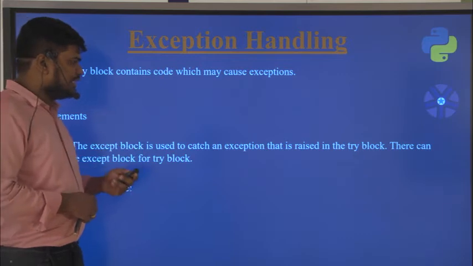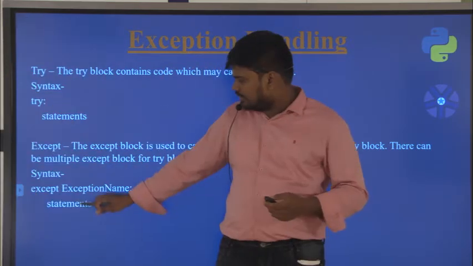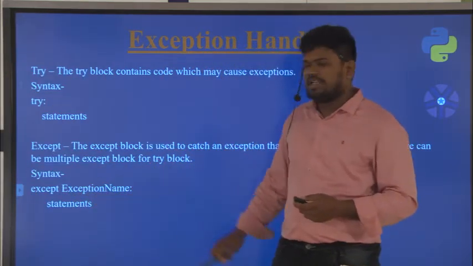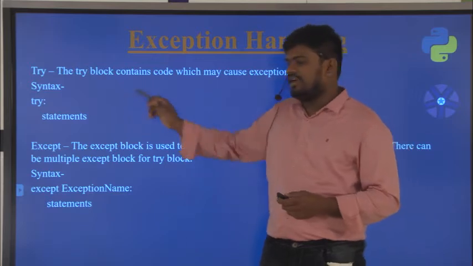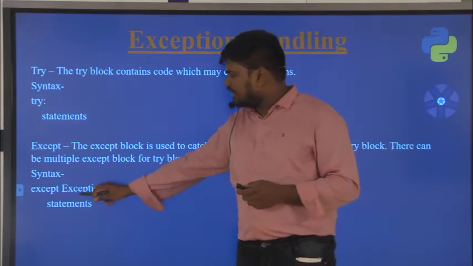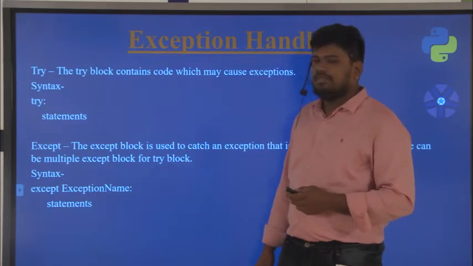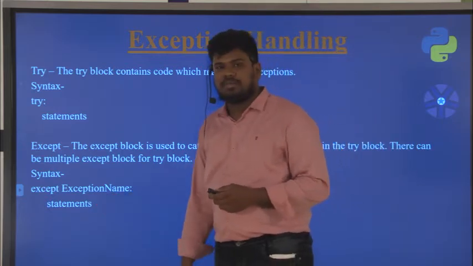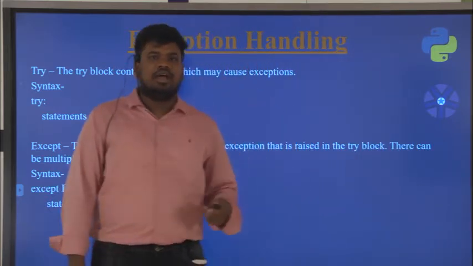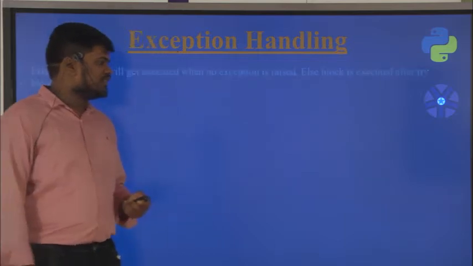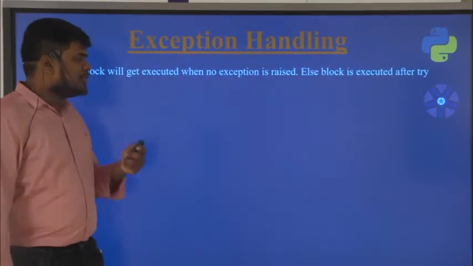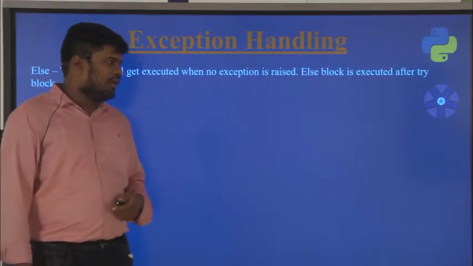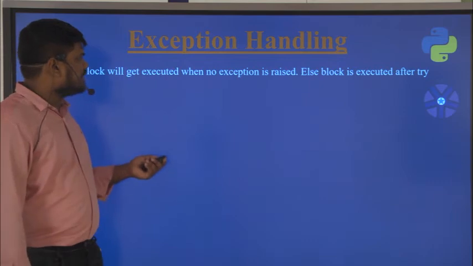The syntax for this is except and the exception name. For example, if I am dealing with a division by zero error, then I will get an arithmetic exception, and the exception name is followed by a group of statements. This is the thing you have to remember. Coming to the next one, else. This block is executed when no exception is raised.